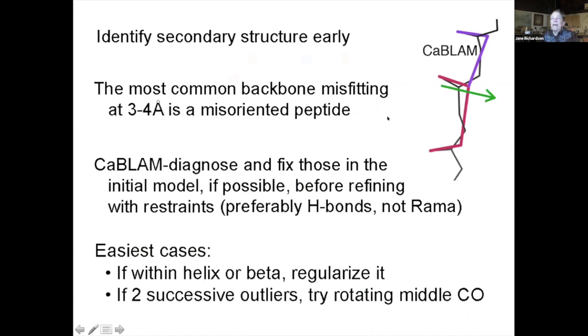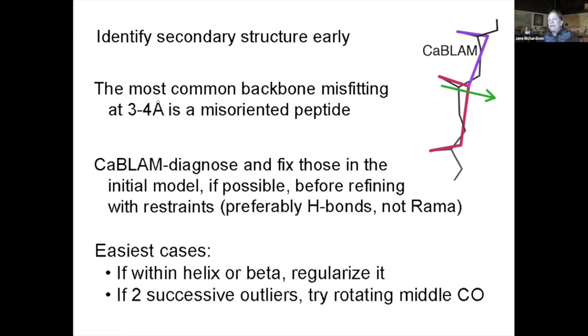So as far as kablam goes, try to identify secondary structures early by whatever means you want to. And the most common backbone misfitting at this resolution is a misoriented peptide, and that's what kablam is sensitive to. So use kablam outliers to try to fix up the ones that you can. It's harder to do in loops because any one loop conformation is pretty rare, because there's so much variety in the loops.